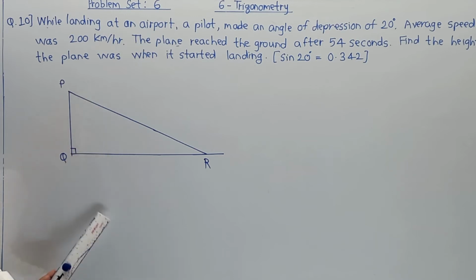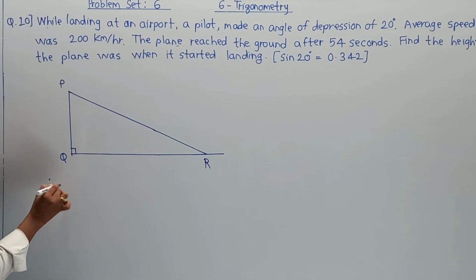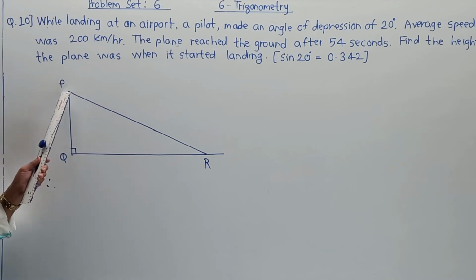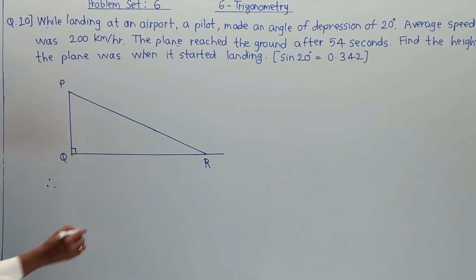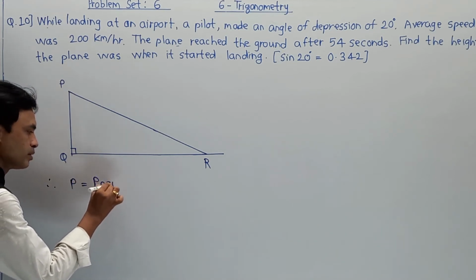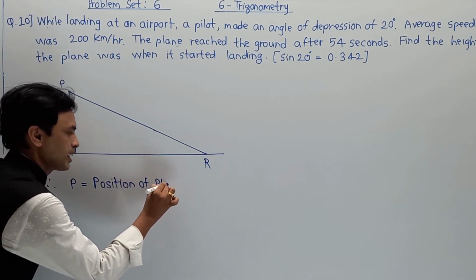So first of all we have to write all the parts of the structure over here, one by one. P is the position of the pilot, or you can say the position of the plane, definitely at the initial level.